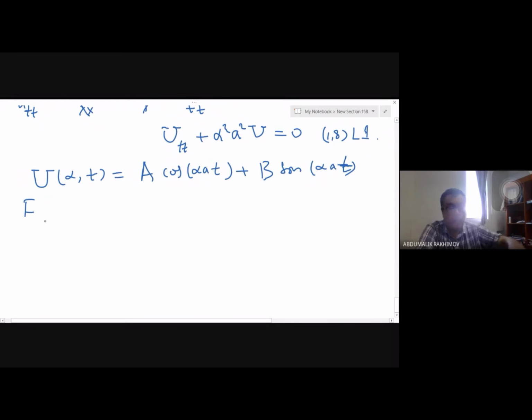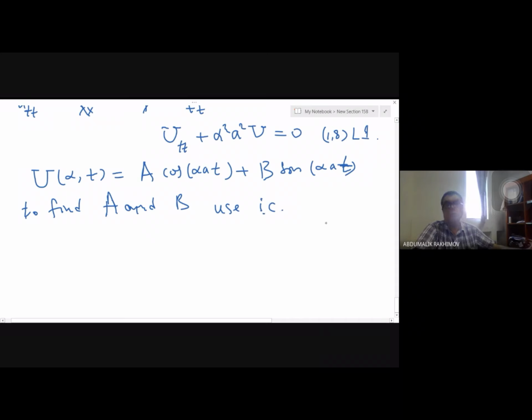To find A and B, we will use initial conditions.